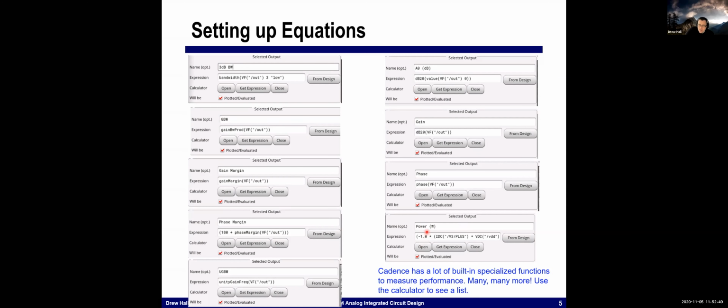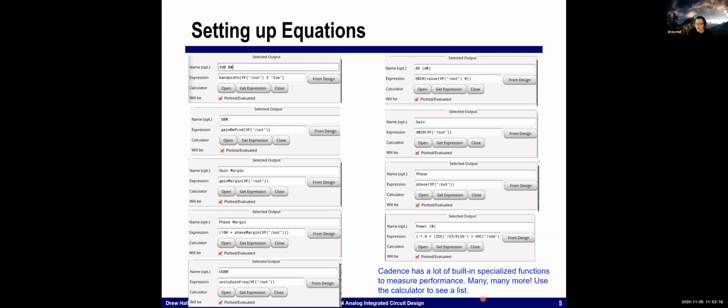And then lastly, down here, the power, I'm finding the DC current of that supply voltage that I talked about on the previous slide, V3. And then I'm multiplying it by the DC voltage of VDD. And the current notation that I did, I took the positive current, so I'm multiplying it by -1 to get a total power consumption.